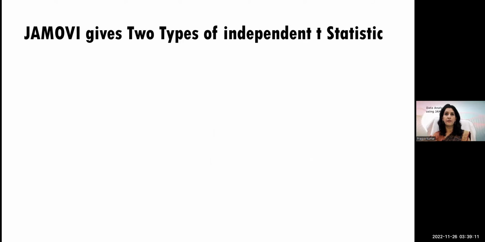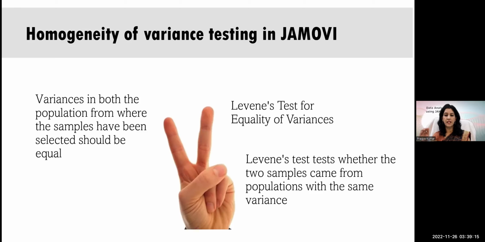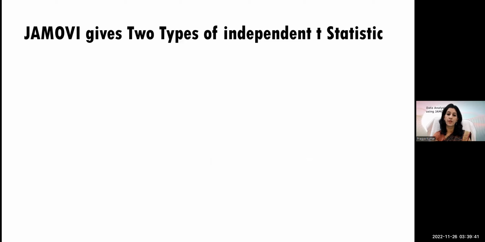And this Levene's test is also like the Shapiro-Wilk test. We want its p-value to be more than 0.05 because the null hypothesis says that it is of equal variance. So that's why we want that p-value to be more than 0.05. This is the Levene test regarding the homogeneity of variance.